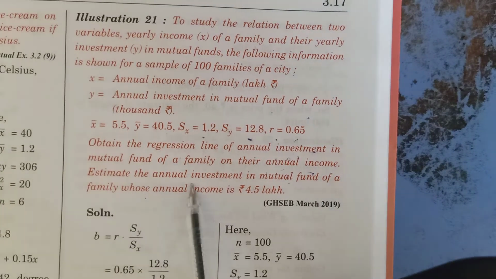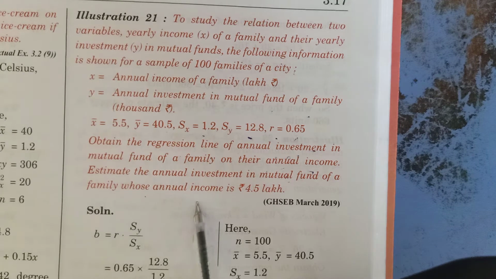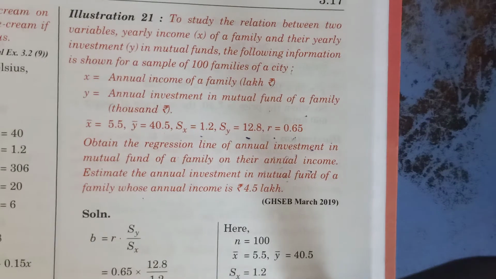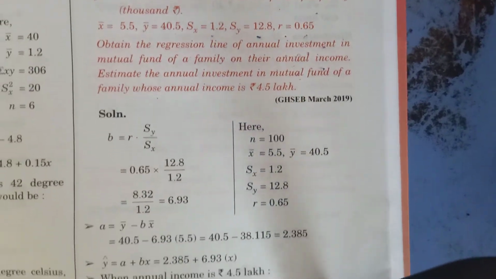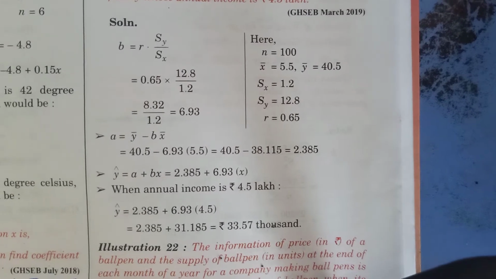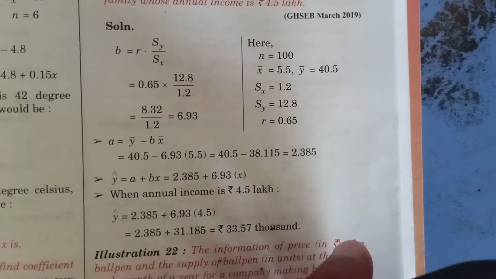Also estimate the annual investment in mutual fund of a family whose annual income is rupees 4.5 lakh. We have to find this also, that is actually the forecasting aspect.